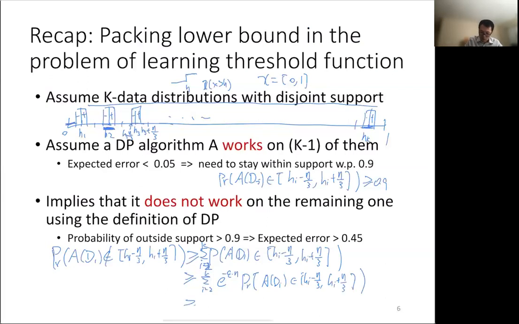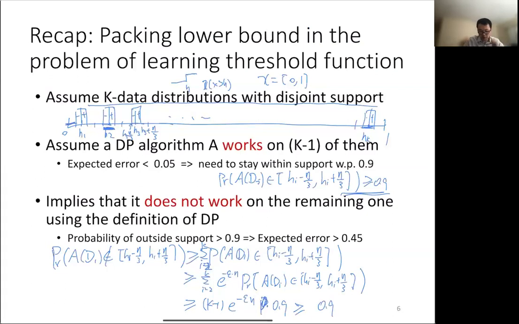And this is lower bounded by k minus 1 multiplied with e to the power of epsilon n, and by what we know here, this is lower bounded by 0.9. In this way, by choosing k to be e to the power of minus, say, 2 times e to the power of epsilon n, we can show that this is larger than 0.9. Right?